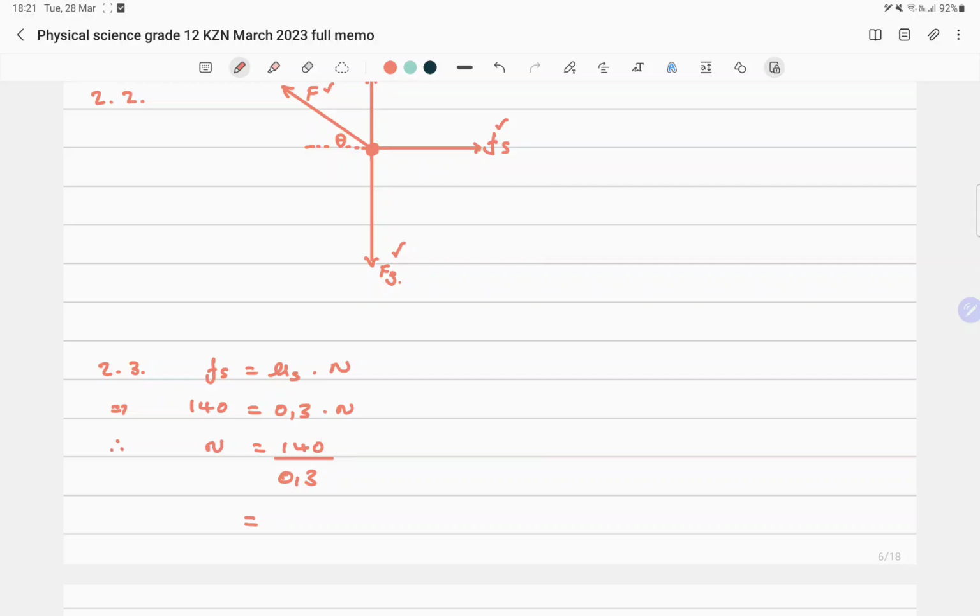Here's my calculator. So 140 divided by 0.3. This is 466.67 newtons. And then it's upward. I always treat vectors with respect because there are questions that will hit you when you least expect them.